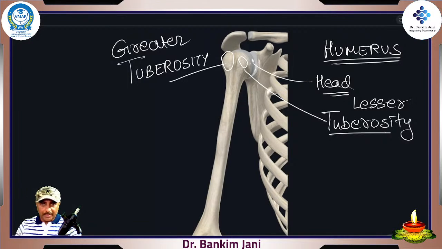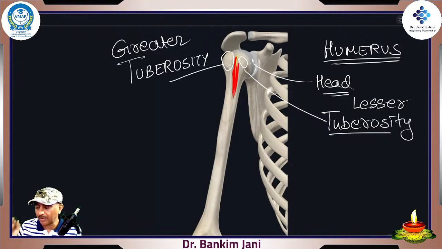Fine. In between these tuberosities, there is a space, right? You can appreciate that there is a space. I'll use the red color. This space is very interesting. It is through this space that the tendon of biceps will be passing.